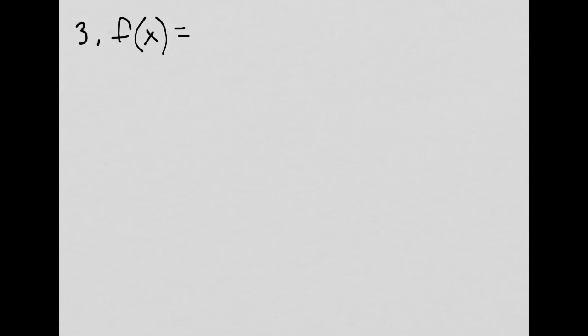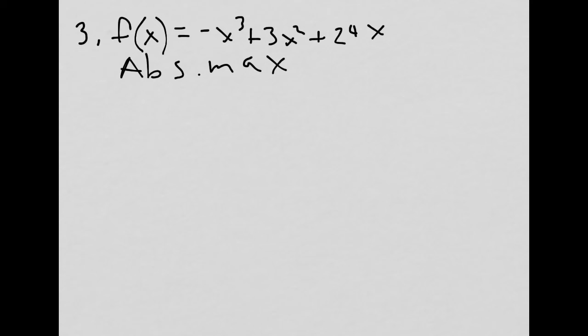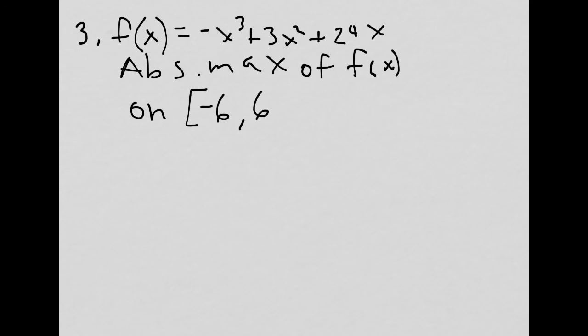So f of x is negative x cubed plus 3x squared plus 24x, and we want to know what the absolute max of f of x on the closed interval from negative 6 to 6 is.